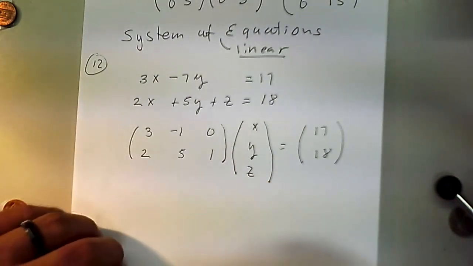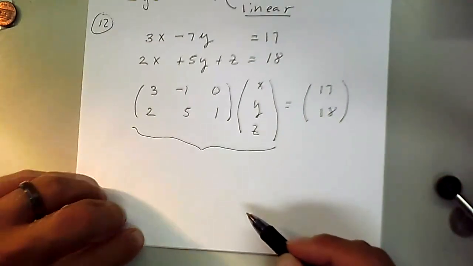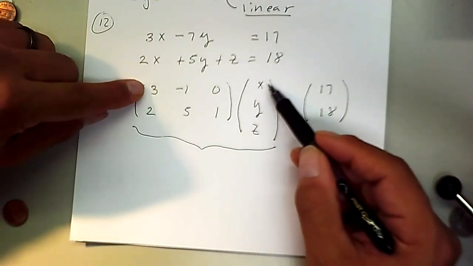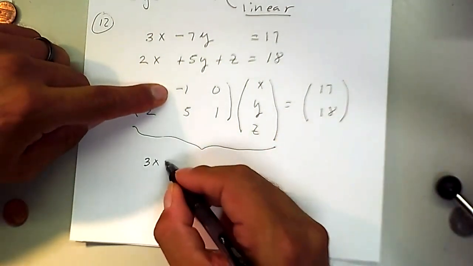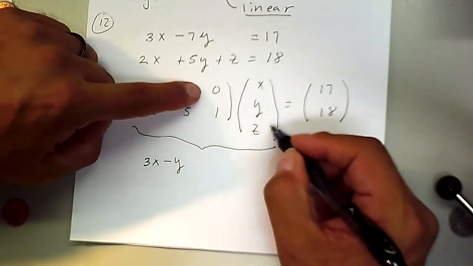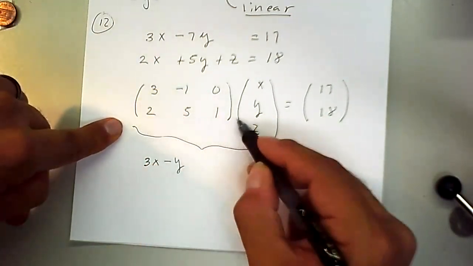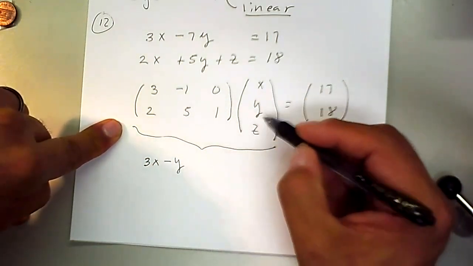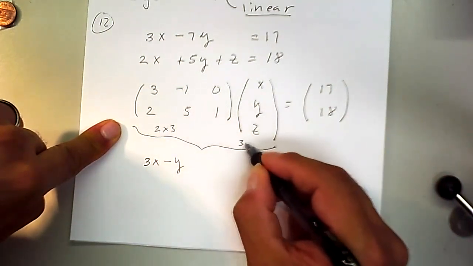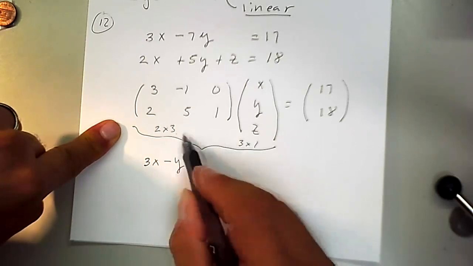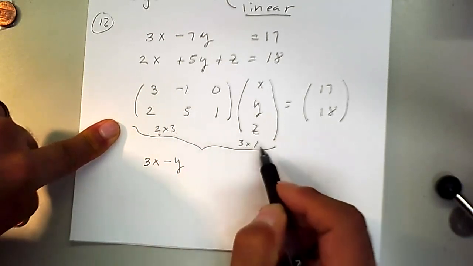Why? Because if we multiply those two matrices as we just learned how to do, then we end up with 3x minus 1y plus nothing. This is a 2 by 3 and this is a 3 by 1. Those two match, so we're doing the right thing, and the product will be a matrix that is 2 by 1.